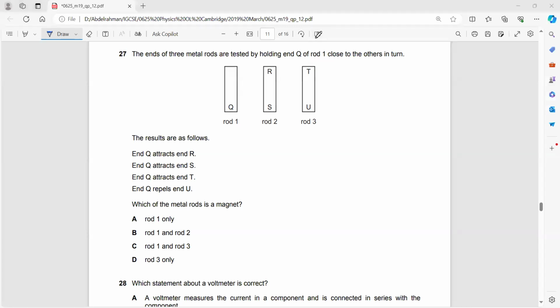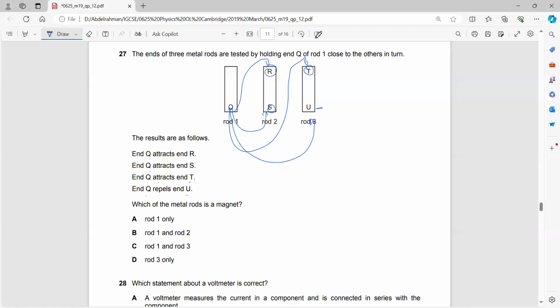We take rod 1, end Q, and put it near end R, then near end S, then near T, and then near U. When Q was near R, it attracted R. When it was near S, it attracted S. When it was near T, it attracted T, but when it was near U, it repelled U.